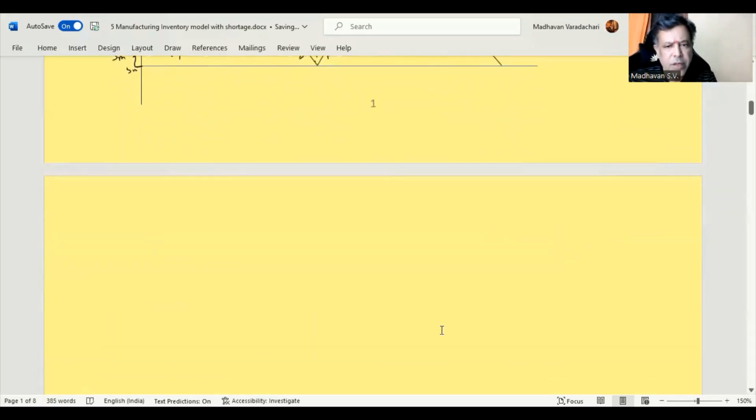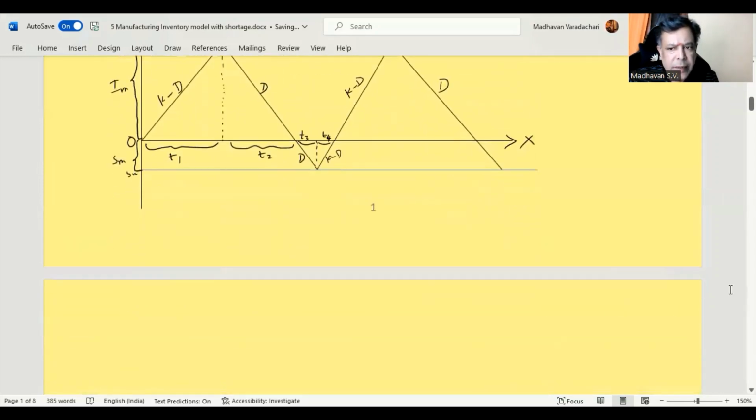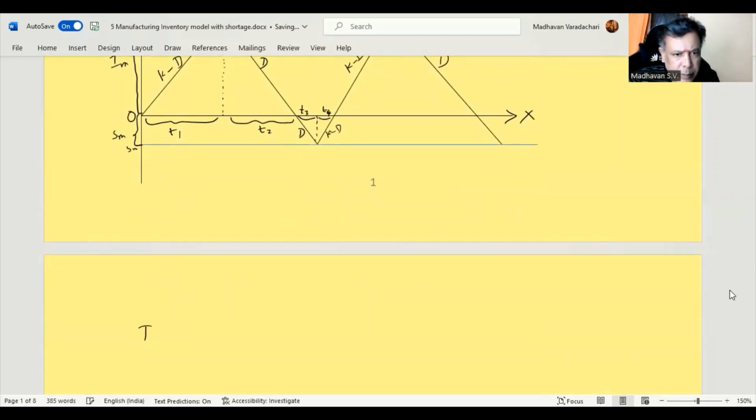Okay, so now based on this, we can very well say this Im is nothing but K minus D times T1. In that case, we can say T1 is Im divided by K minus D. Let us consider that as equation 1.